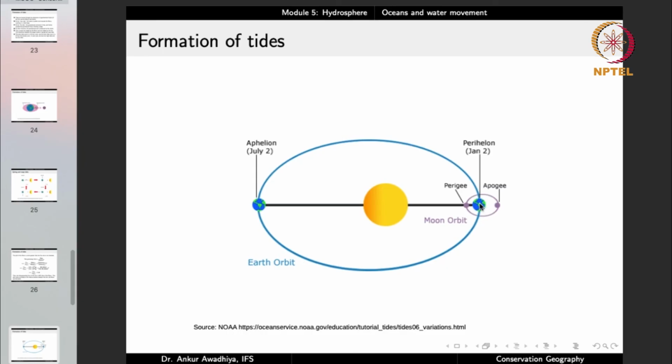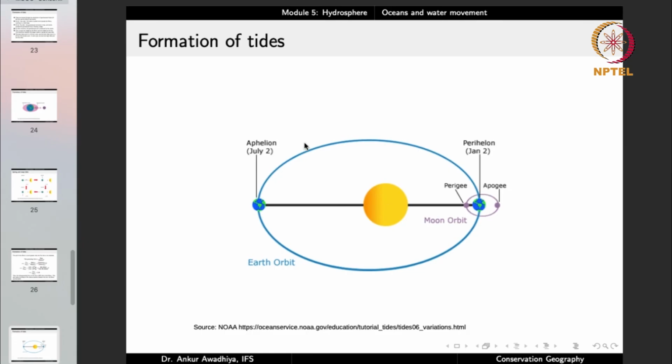In the orbit of the moon around the earth, we have a point known as perigee where the moon is closest to the earth, and a point known as apogee where the moon is at the greatest distance from the earth. Similarly, in the orbit of the earth around the sun, we have a point known as perihelion where the earth is closest to the sun, and a point called aphelion where the earth is the most distant from the sun.